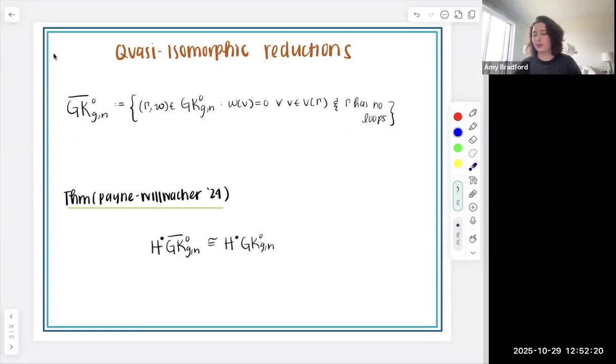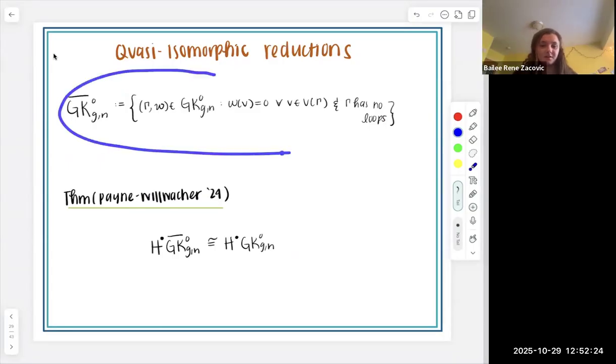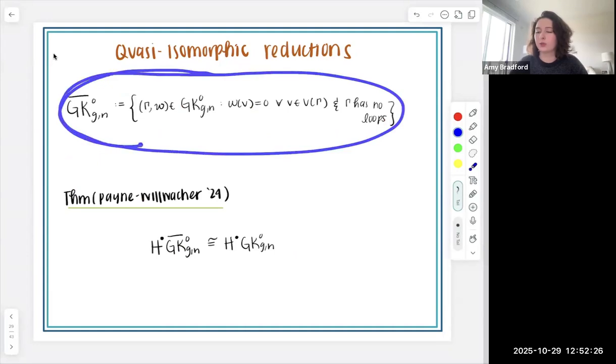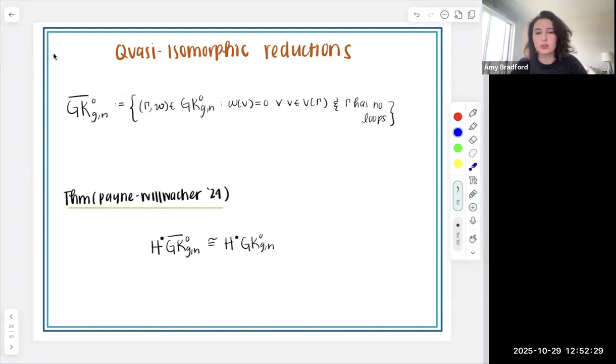The result from 2024 is saying that if I construct a complex that has no loops and no positive genus vertices, then it turns out that the cohomology of that space is the same as the cohomology of the other space, essentially. And so because of this result, I can delete any graph in my complex that has a loop or has a positive weight.